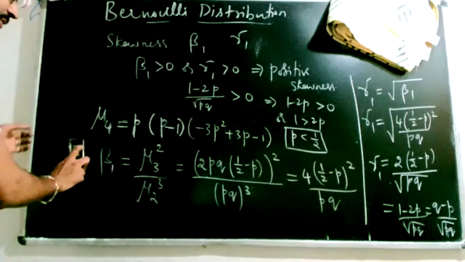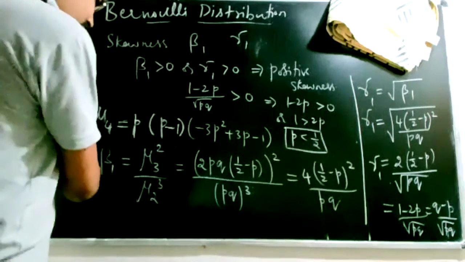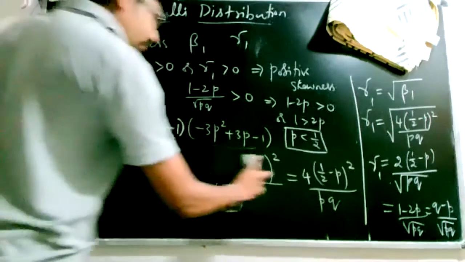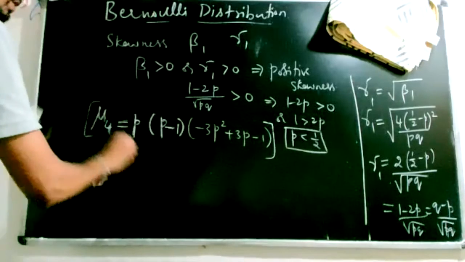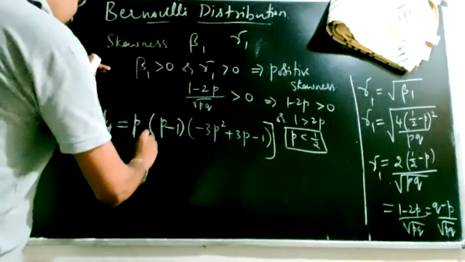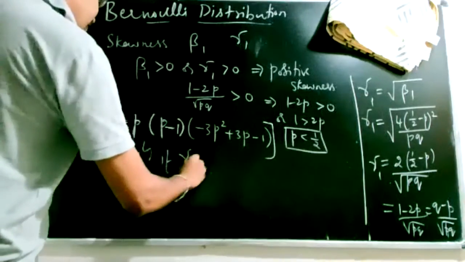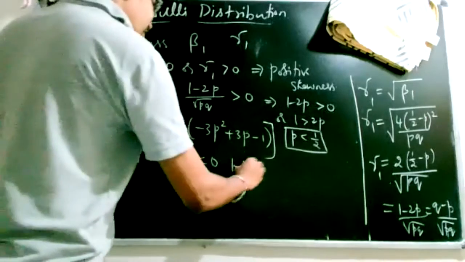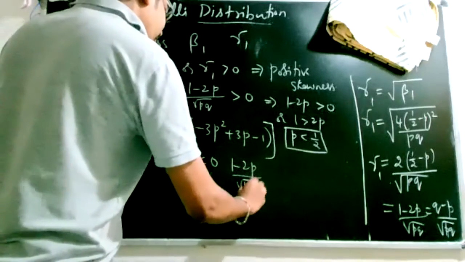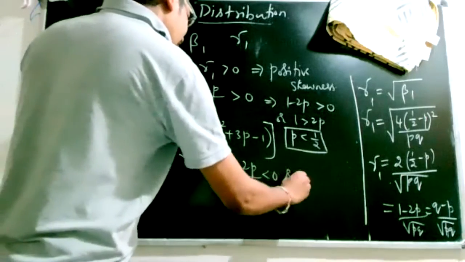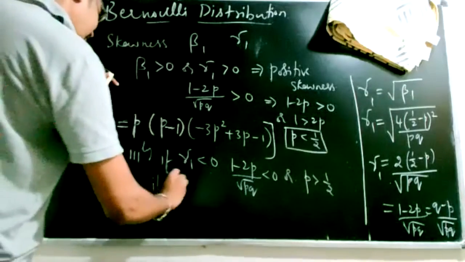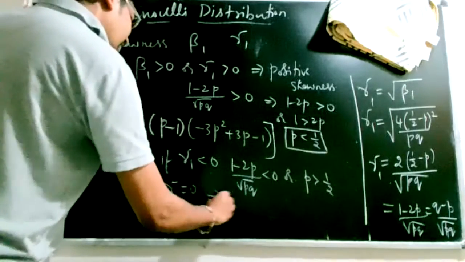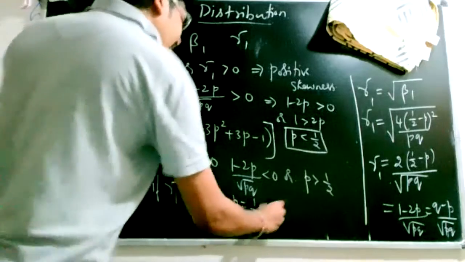Now obtain beta 2 and look into the kurtosis. I need this, so I'll keep it. Similarly, if gamma 1 is less than 0, then 1 minus 2p by root p cube is less than 0, or p greater than half. If gamma 1 equals 0, this implies p is equal to half.